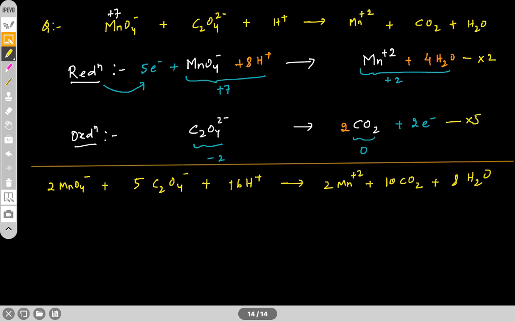C2O4 2 minus, that's what I was thinking. So 5 into 2, 10, 10 plus 2, 12, 12 negative, and 16 positive. So net here, we have 4 positive charge and 4 positive charge we have. All atoms are also balanced. So this is the balanced equation. It is given in ionic form here.